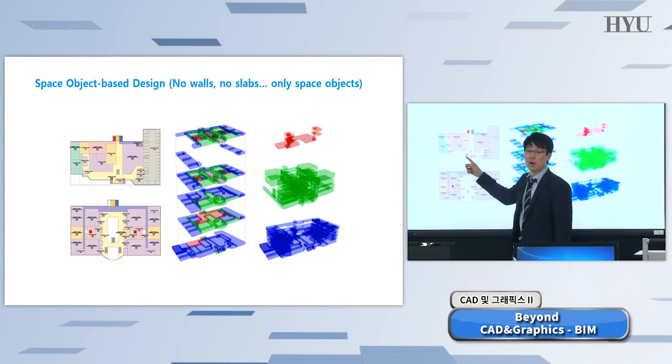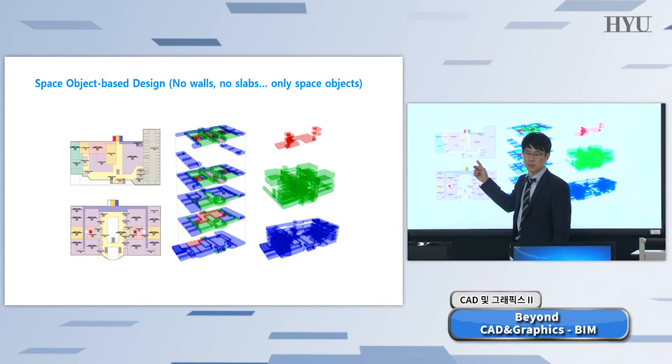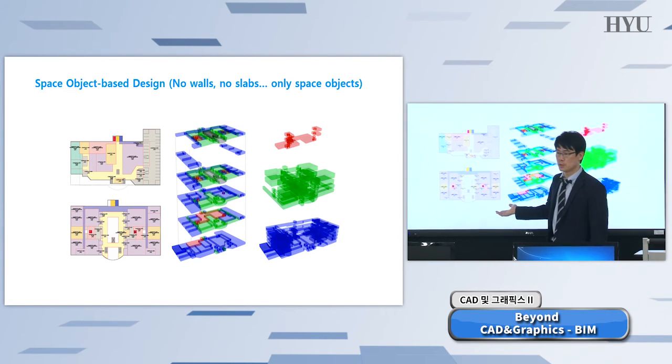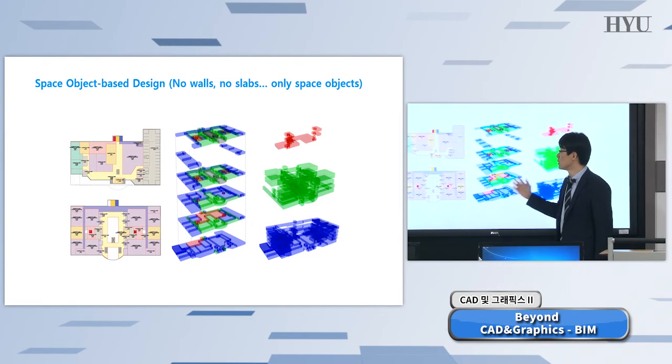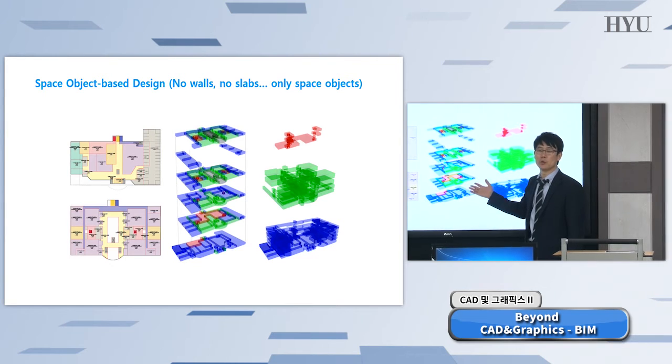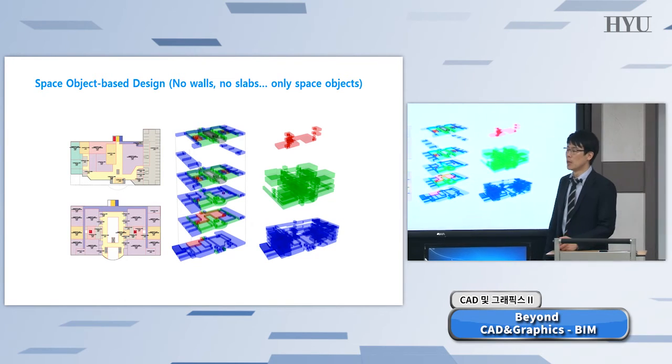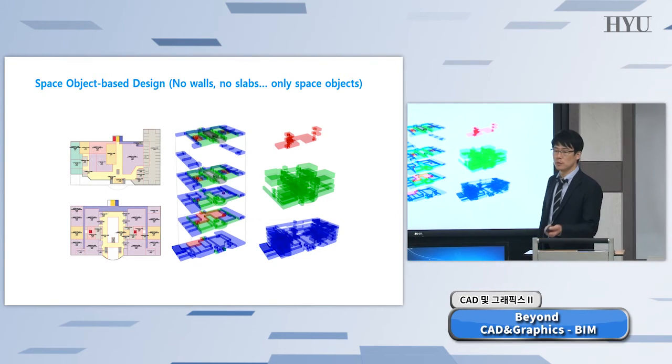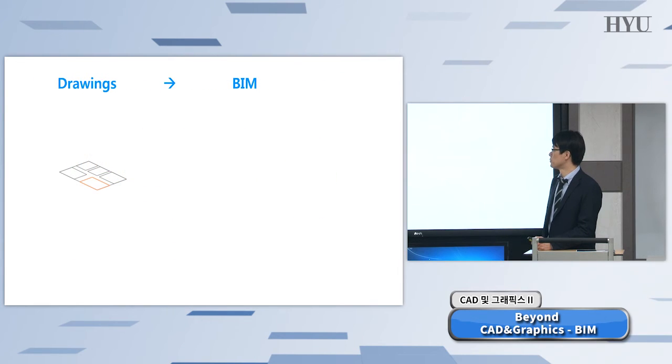Those lines are boundaries of the space objects. They are not 2D drawings, 2D floor plans. They are kind of auto-generated 2D views, okay? Totally based upon the scenario, the plan of your space allocation. So this is one big difference of building information modeling from geometric-oriented modeling.